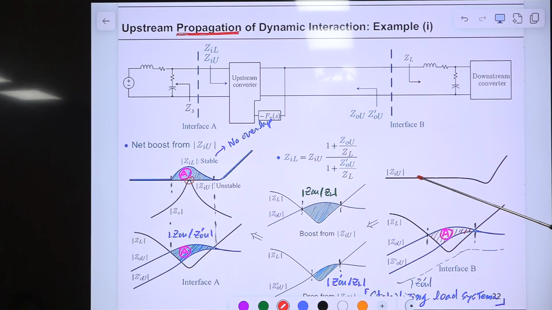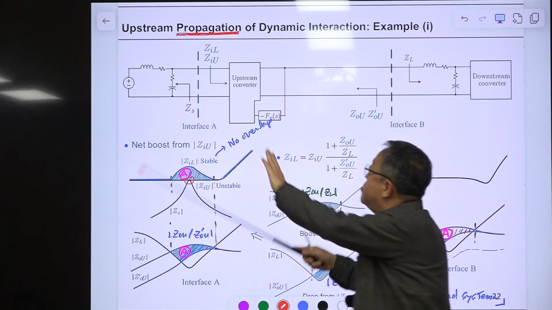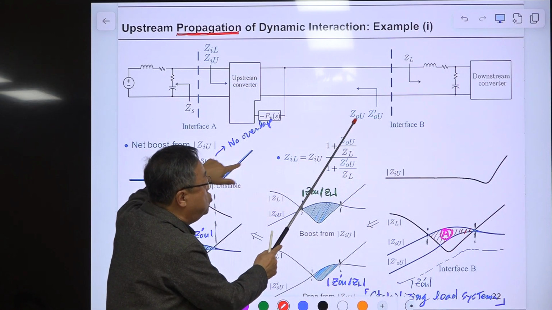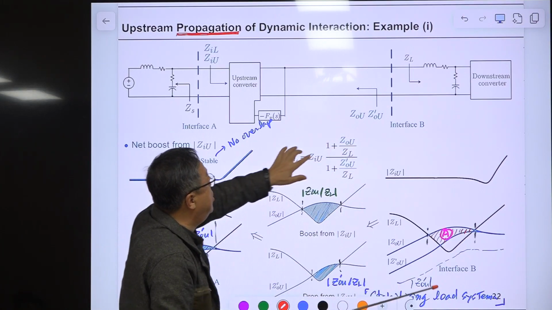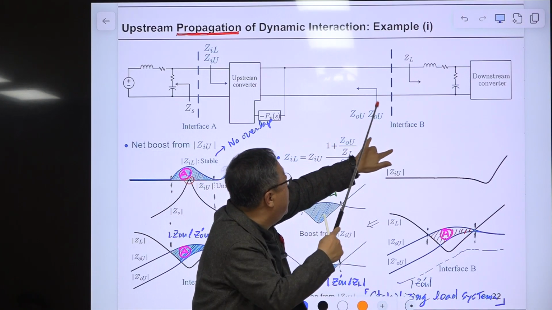Then this is GIU, okay, GIU here, and we are comparing this output impedance, load impedance at this interface B. So this is this one, and this is the impedance comparison of interface A. Okay, so at interface A, we have load impedance here, and there are two different impedances: output impedance of upstream converter with this shorted and with this opened, so that was GOU and GOU prime, and we overplot this impedance and this impedance.